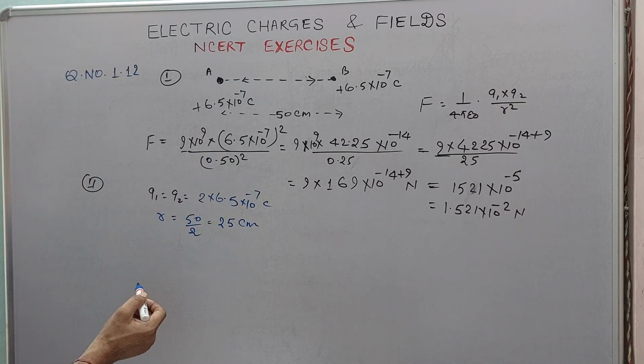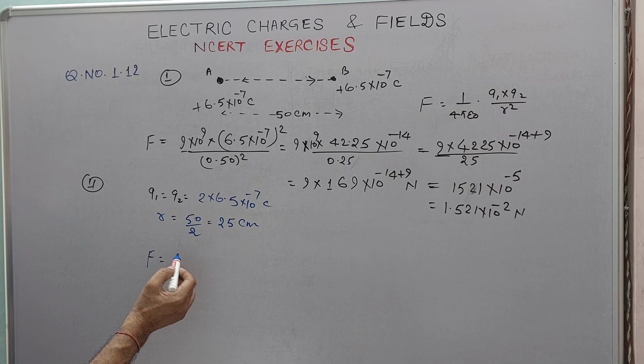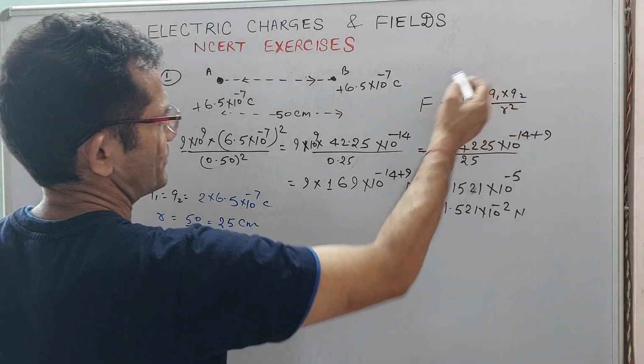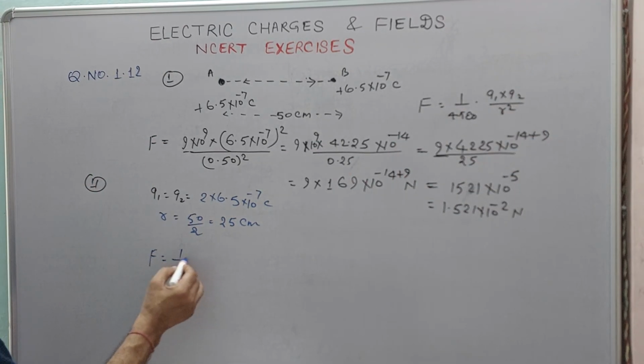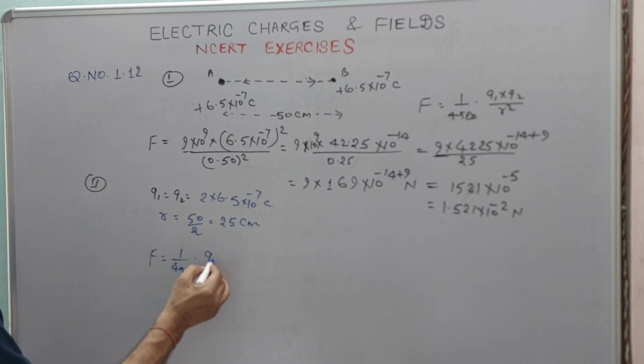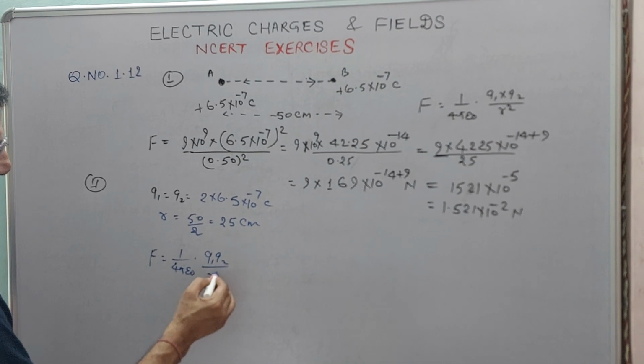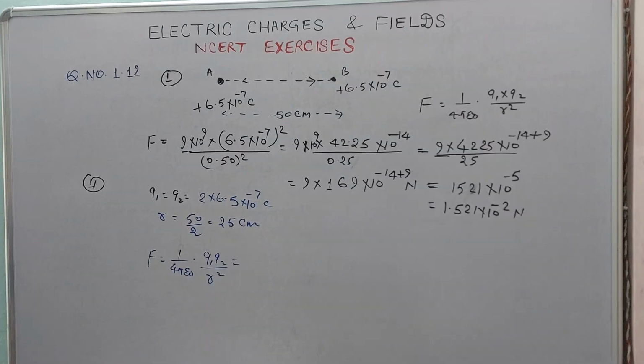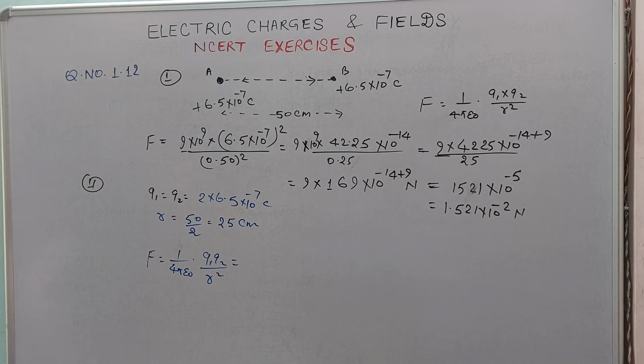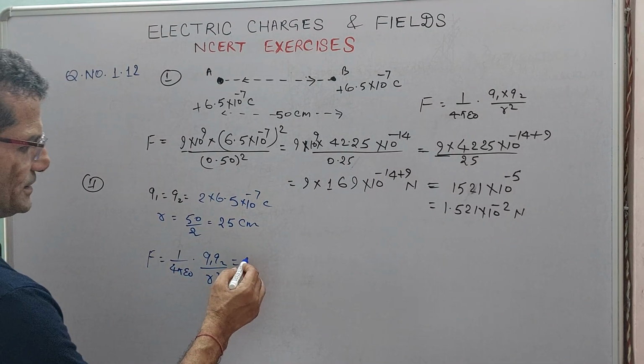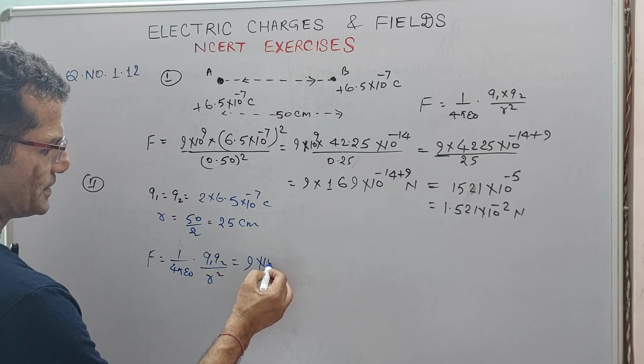Now utilizing the same formula, F is equal to 1 upon 4 pi epsilon naught, product of the charges, that is Q1 Q2 upon R square. So now in this question, our value of 1 upon 4 pi epsilon naught is 9, 10 raised to the power 9.